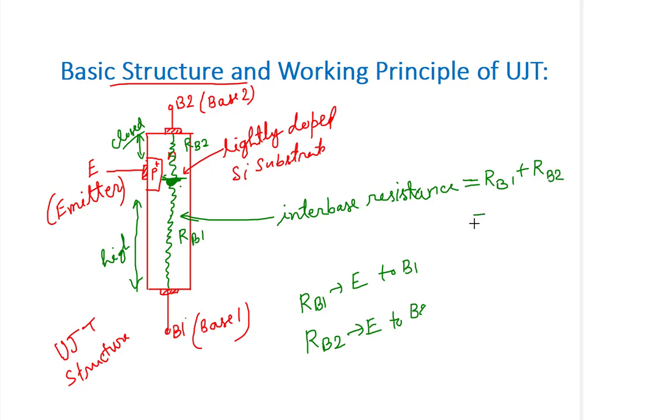Suppose we call it RBB. So the interbase resistance of the N-type silicon substrate, the total resistance, is RBB.